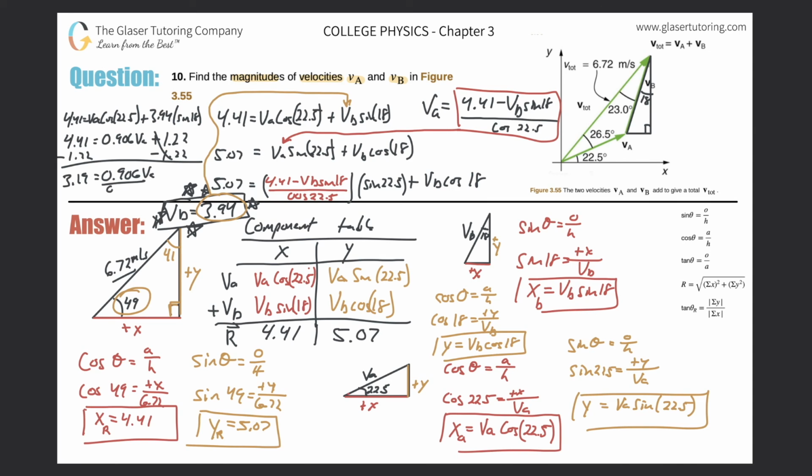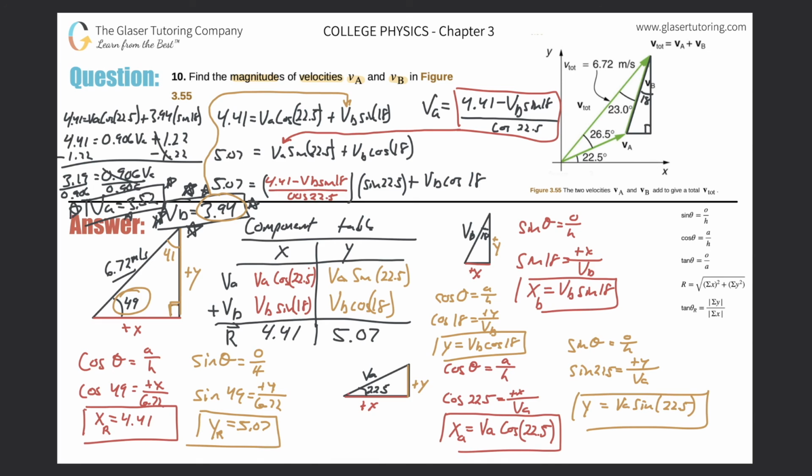How do I solve for VA? Simply divide out the 0.906. So VA will equal 3.19 divided by 0.906, which is 3.52. So we got a value of 3.52.